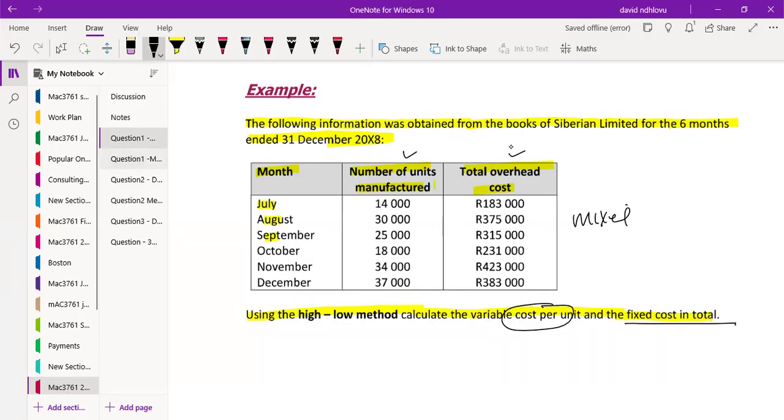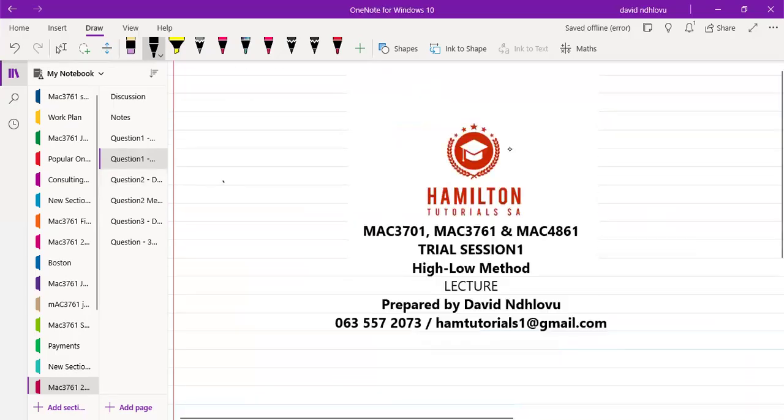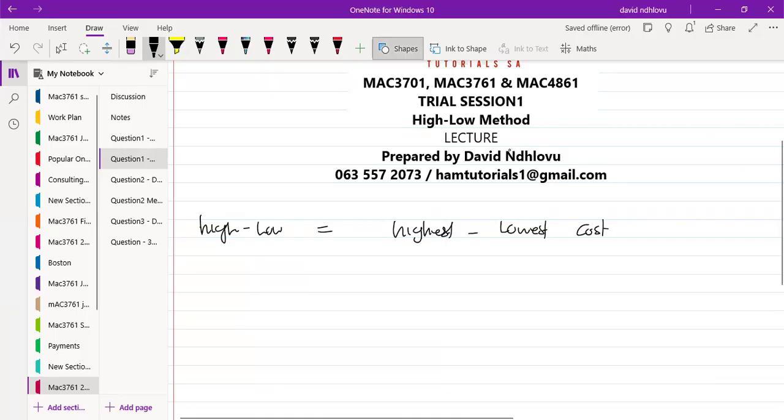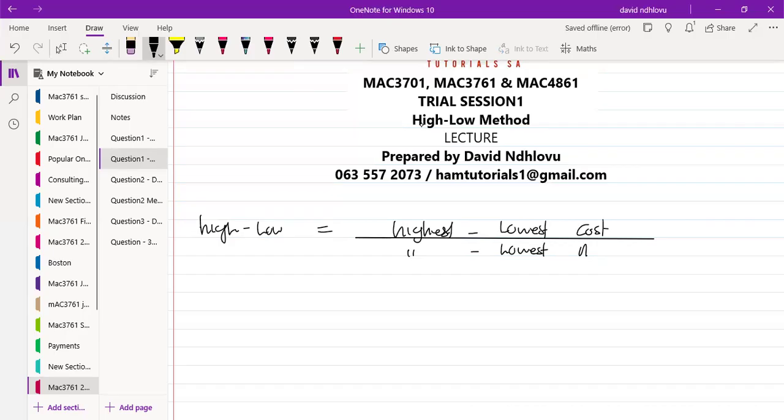Let's put our formula: highest minus lowest costs, divided by the highest minus lowest activity.